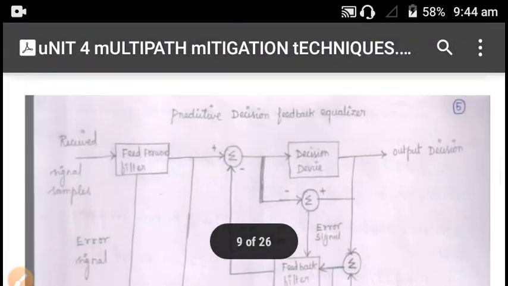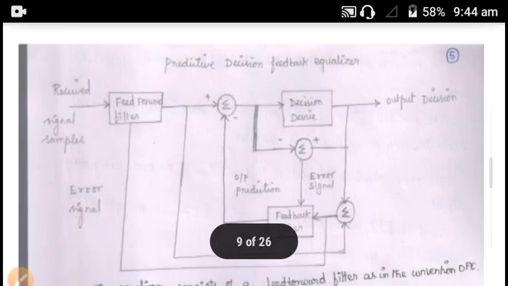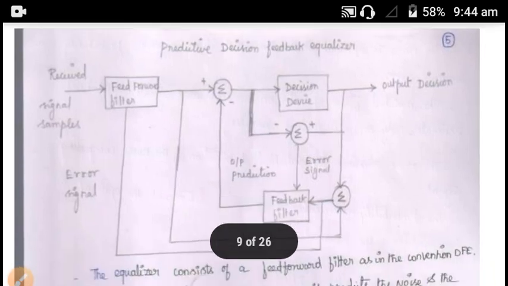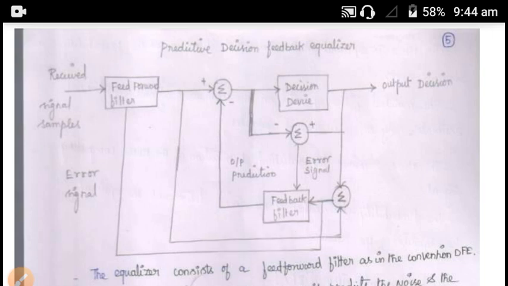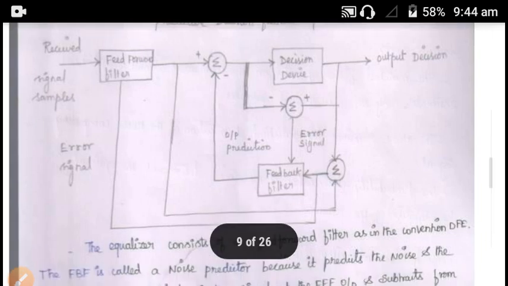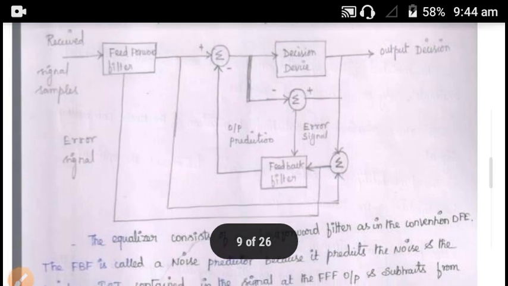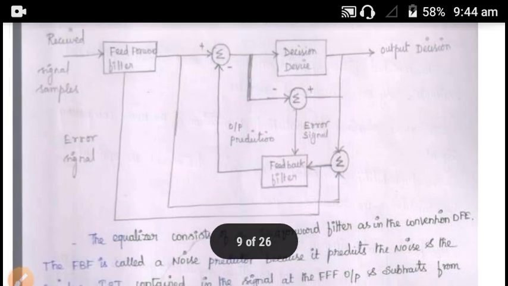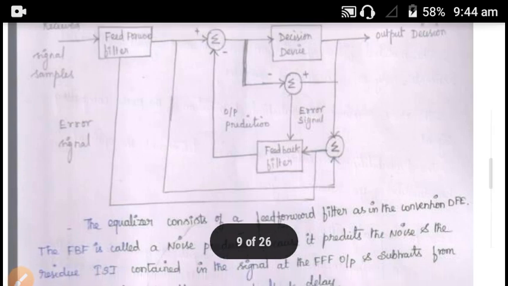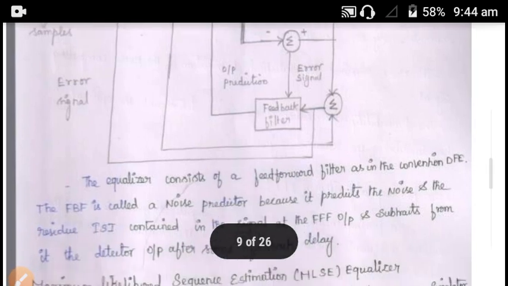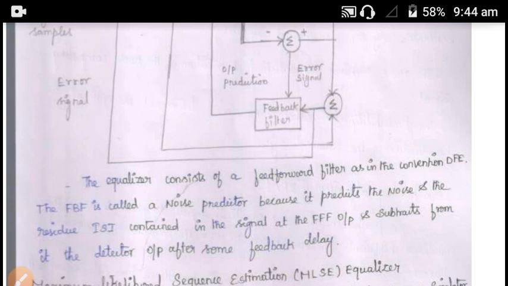This one is the predictive decision feedback equalizer. It is a type of decision feedback equalizer. Here it consists of a feed forward filter, as in the conventional DFE. Here the feedback filter is called a noise predictor because it will predict the noise.